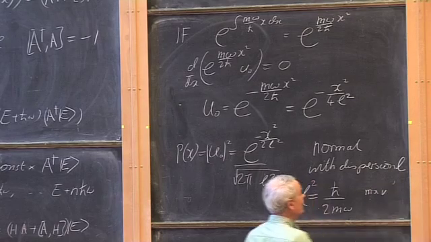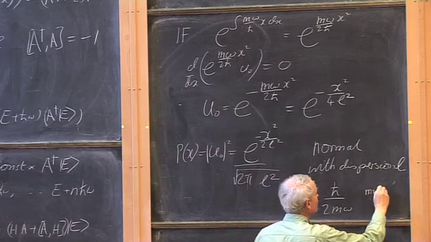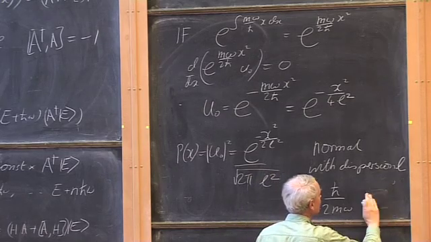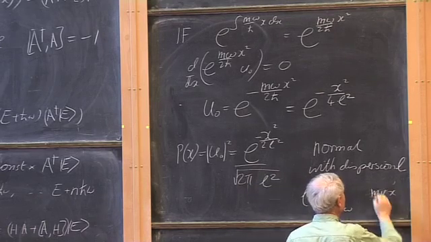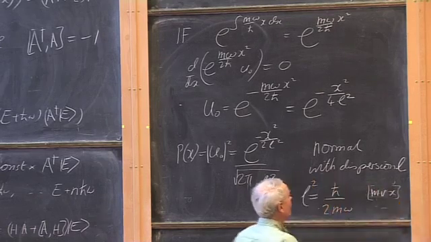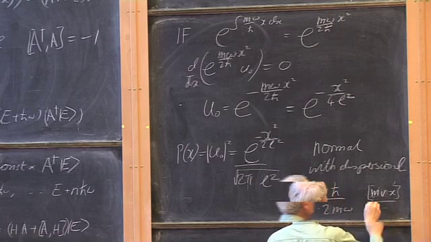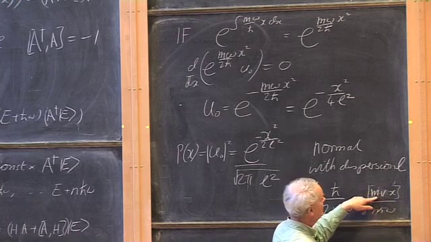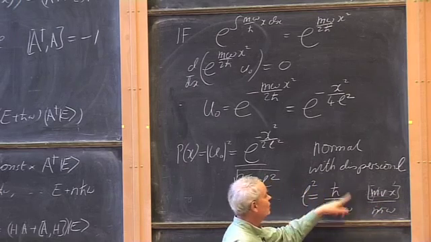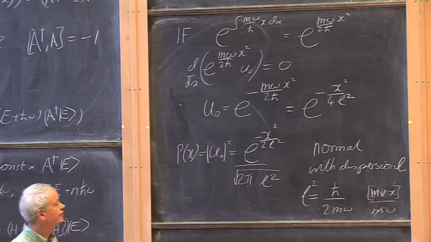That's what I should have said: mvx is the dimensional structure here. So indeed, this thing has dimensions of length squared, so L is indeed a length, so it's okay.